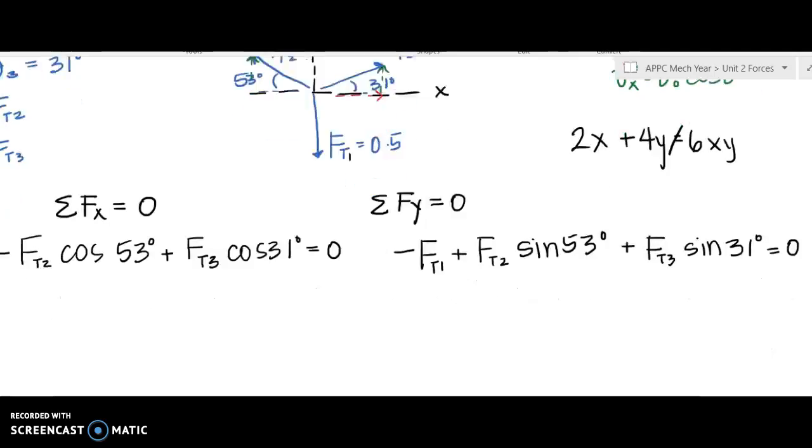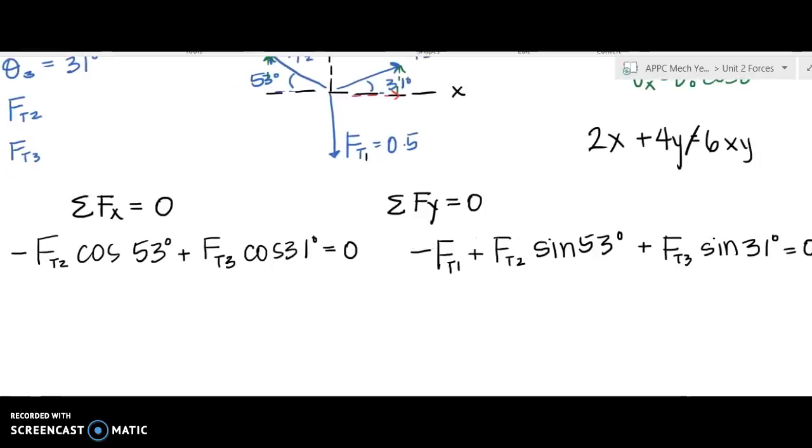Okay, so now I have two equations. And how many unknowns do we have? 2. Do we know FT1? Yes, I know FT1, so that's good to go. And so all I can do now is have to do the algebra. The physics part is over.